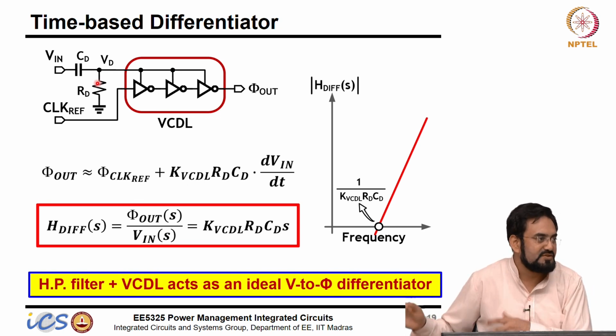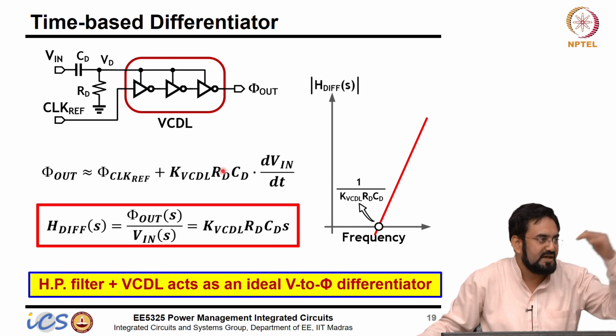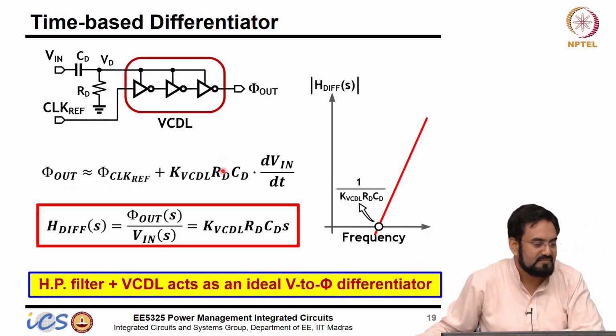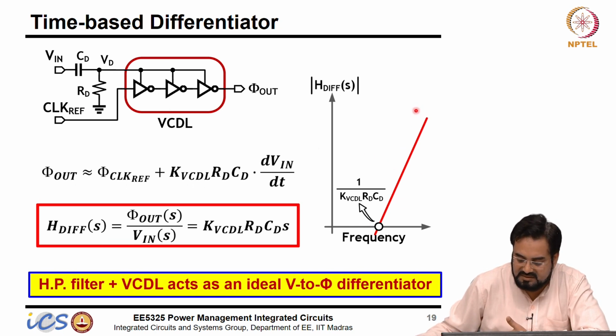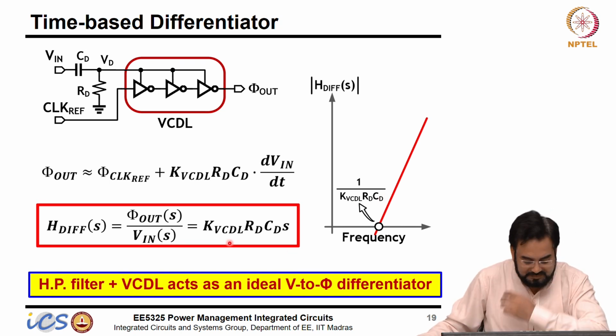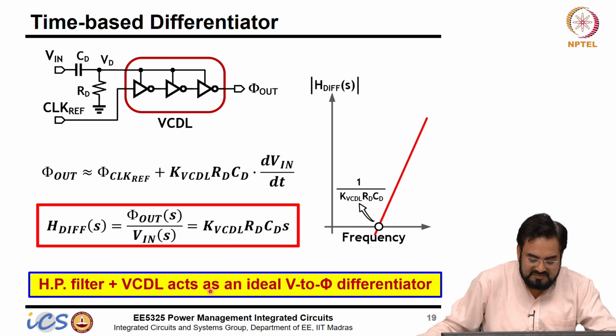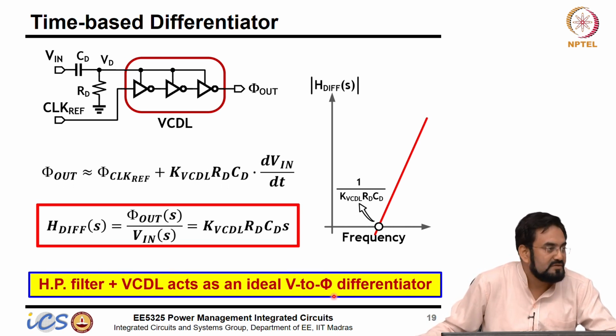Your pole is outside the UGB, so you will get only the S term in the numerator, and the denominator is out of the picture. Then the VCDL will give me the gain, so I can use it as a derivative component. It gives me a zero at the origin, just like the integrator gives me a pole at the origin.